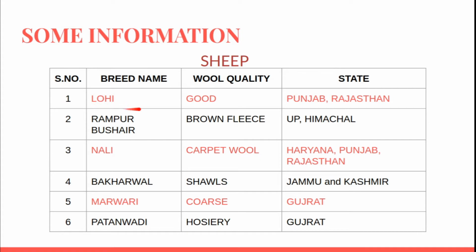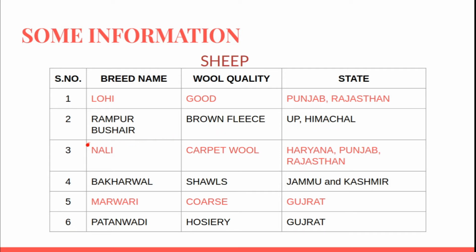Lohi gives you very good quality of wool, and you can find this sheep in Punjab and Rajasthan. Then you have Rampur Bushehr, and this sheep gives you brown fleece. Fleece is also called hair, fur, fleece, all are the same thing. And you find this sheep in Uttar Pradesh or Himachal.